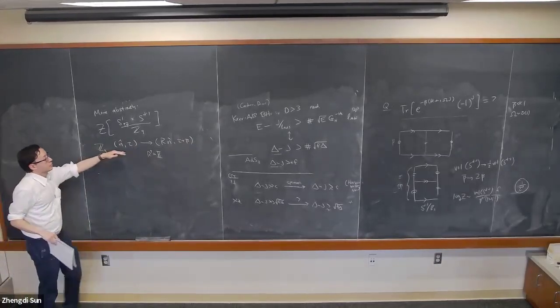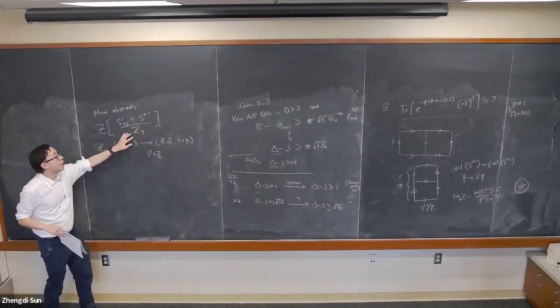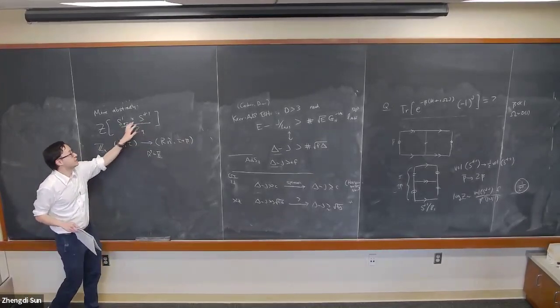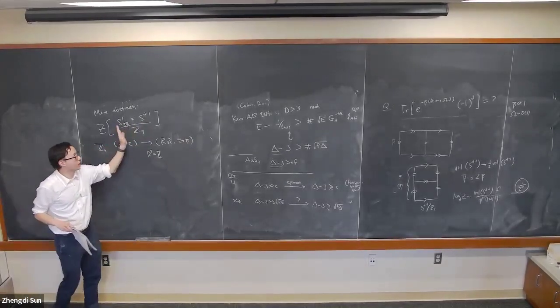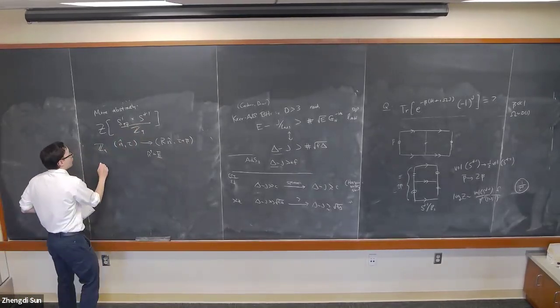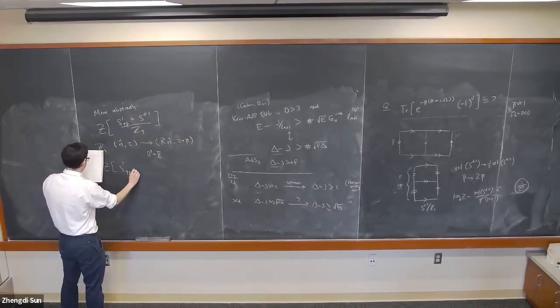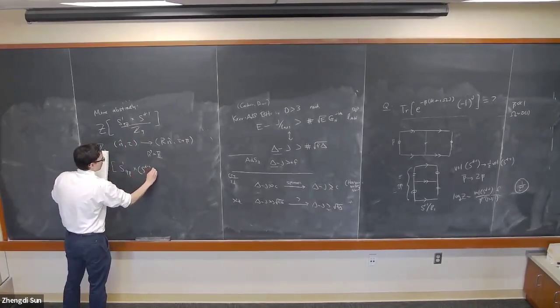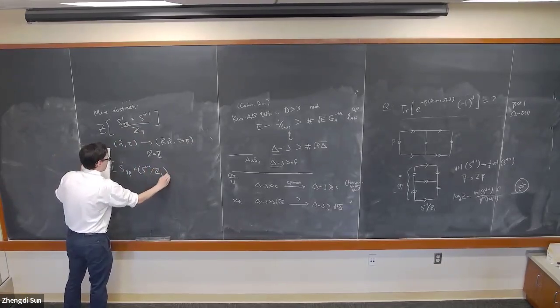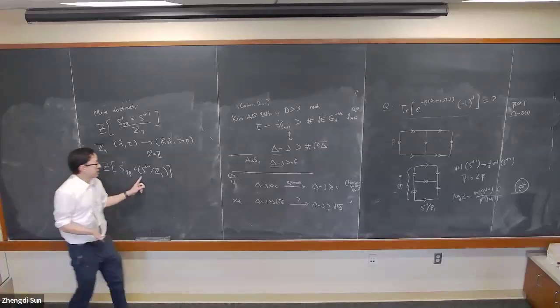So this is a non-trivial bundle, right? Because this Z_q acts on both of them. This is not equal to the product of S^(d-1) times S^1 mod Z_q, or S^1 times S^(d-1) mod Z_q. But what we're going to do is, in the beta goes to 0 limit, we're going to treat this as if the bundle were trivial, and we're going to treat this as this partition function. So where would we get in trouble?